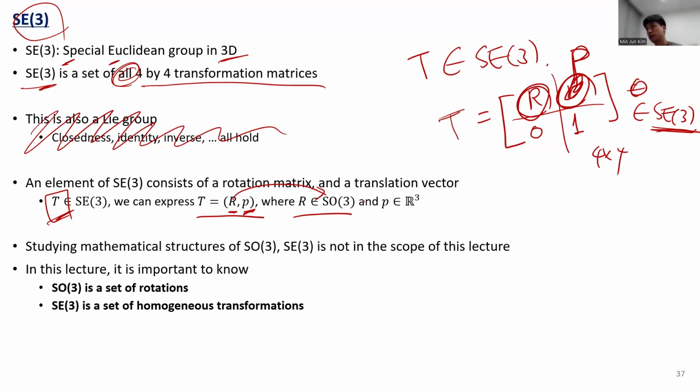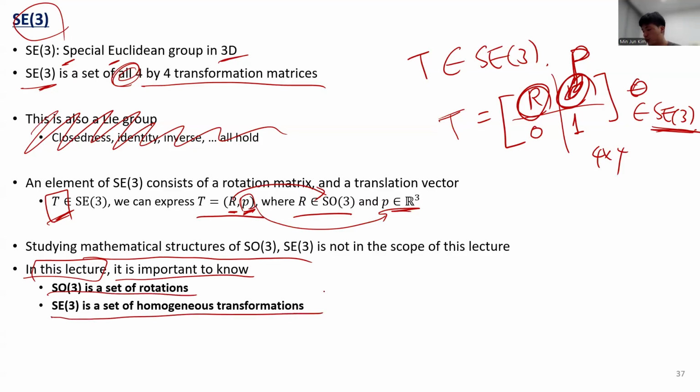That means R is a rotation matrix, and the translation is nothing but an R3 element in Euclidean space, okay? Studying the mathematical structures of SO3 and SE3 is not in the scope of this lecture, so you don't have to be afraid of it. In this lecture, it's important to know that SO3 is a set of rotations and SE3 is a set of homogeneous transformations, because I'm going to use these terminologies. Okay.